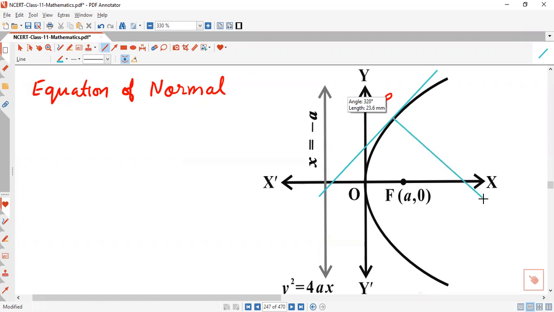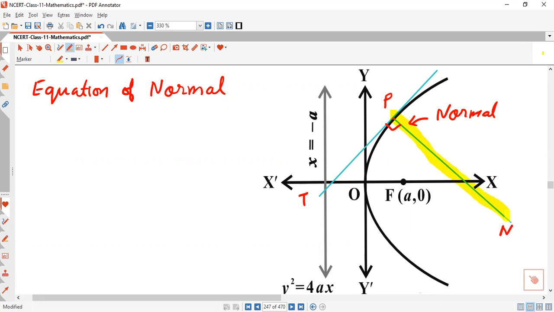So these two lines, tangent and normal, are perpendicular to each other. Always remember, the tangent and normal are always perpendicular to each other. So this is a tangent and this is a normal.